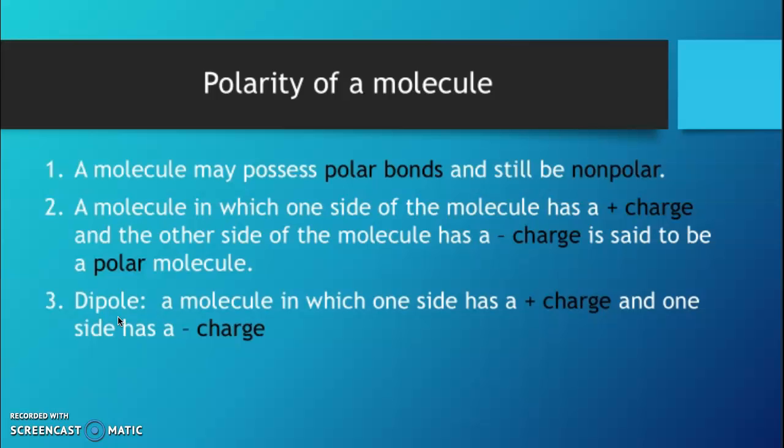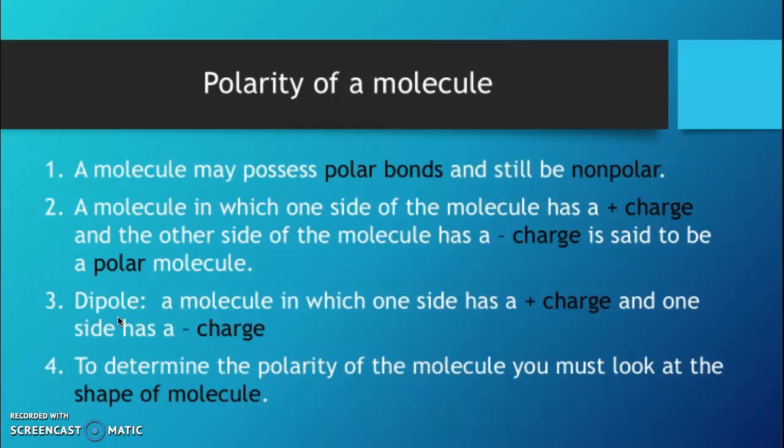All right, now we can figure out if it is a dipole, a polar molecule, because we're going to look at the shape. The shape is going to help us figure that out. So we'll take a look at how we can determine if it is polar or nonpolar based on the shape.